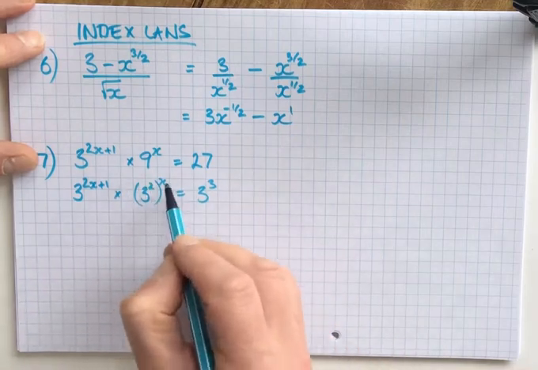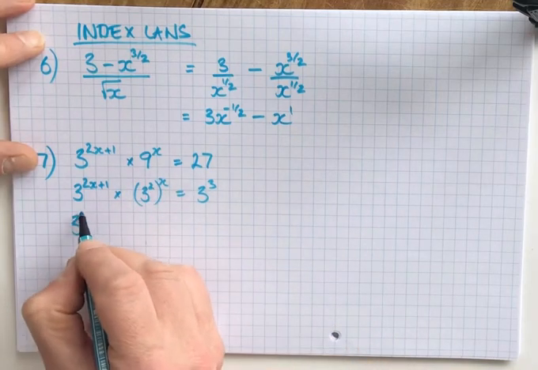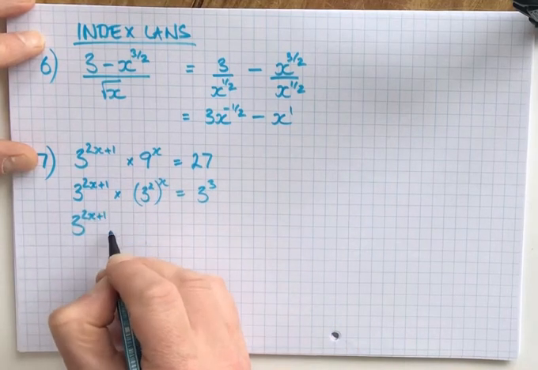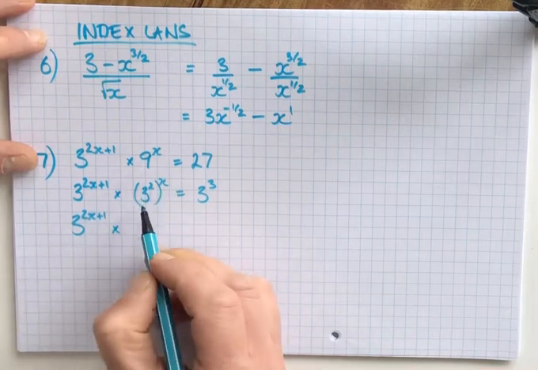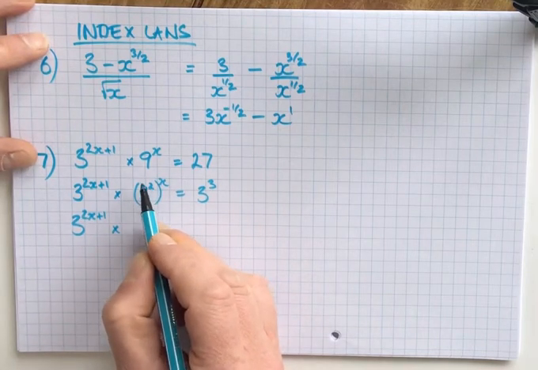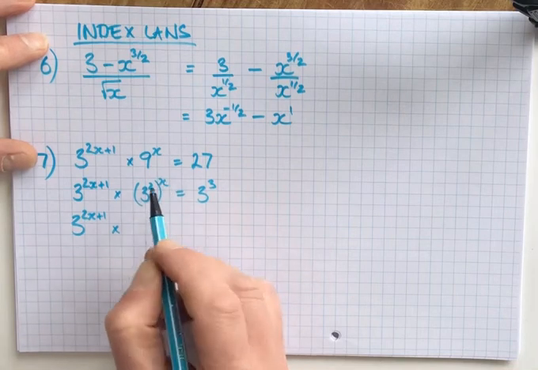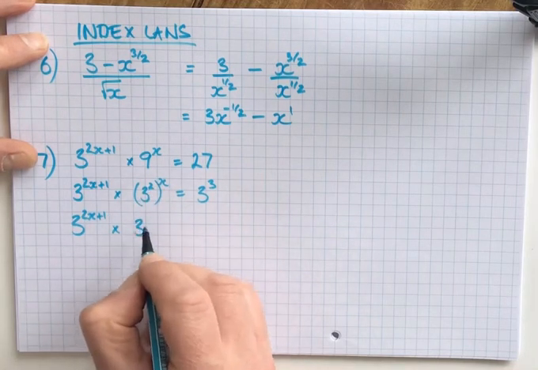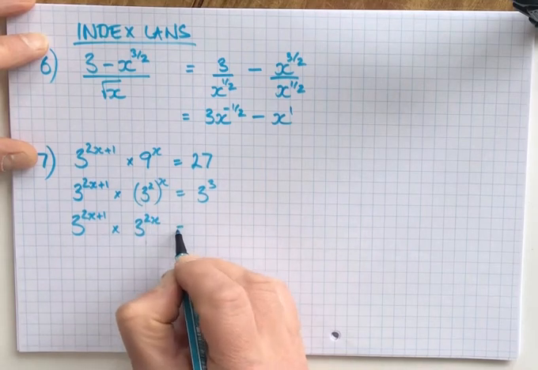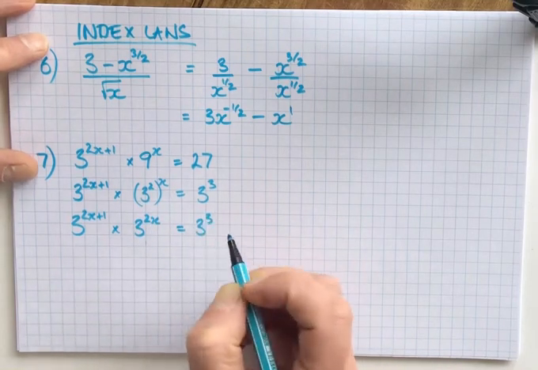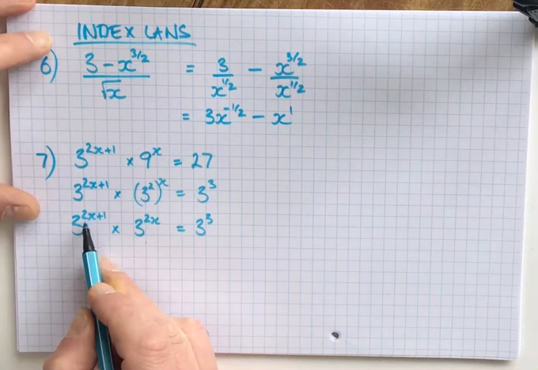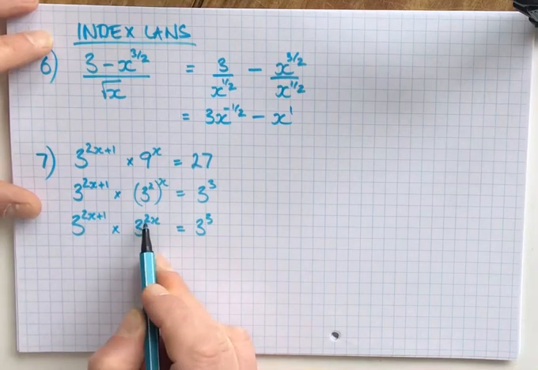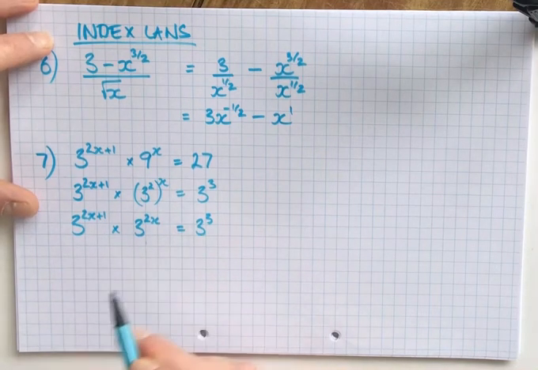I'm just going to tidy this one up a little bit. You will remember from year 9 or 10 about the third rule of indices. If you've got a number to a power and a bracket to a power, then you can simplify it by multiplying the two powers together. So 3 to the power 2x plus 1 times 3 to the power 2x equals 3 to the power 3.